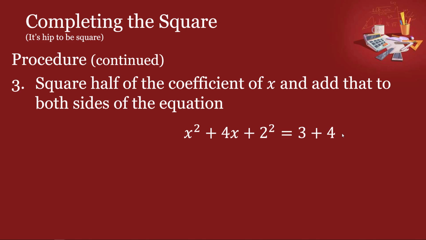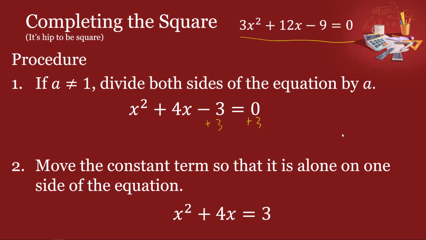Now this is the important part of completing the square. We want this side to be represented as a perfect square. Right now it is not, and as you know, a perfect square has the form x squared plus 2ax plus a squared.